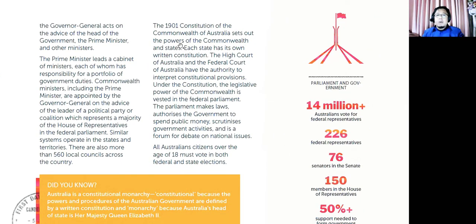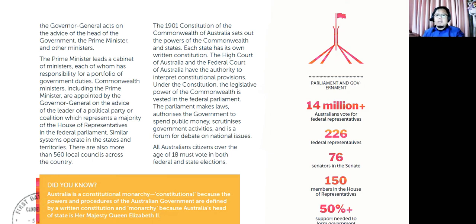The 1901 Constitution of the Commonwealth of Australia sets out the powers of the Commonwealth and states. Each state has its own written constitution. The High Court of Australia and the Federal Court of Australia have the authority to interpret constitutional provisions. Under the Constitution, the legislative power of the Commonwealth is vested in the federal parliament.